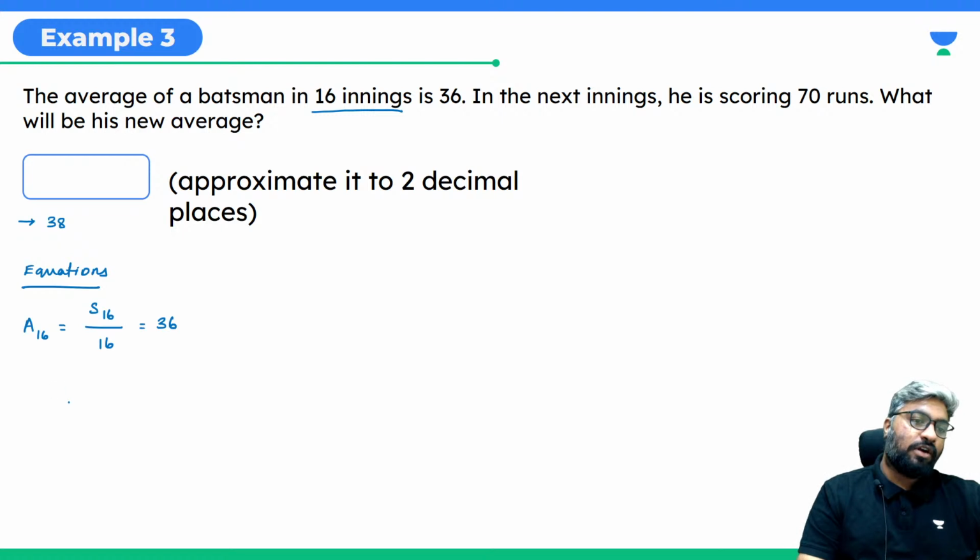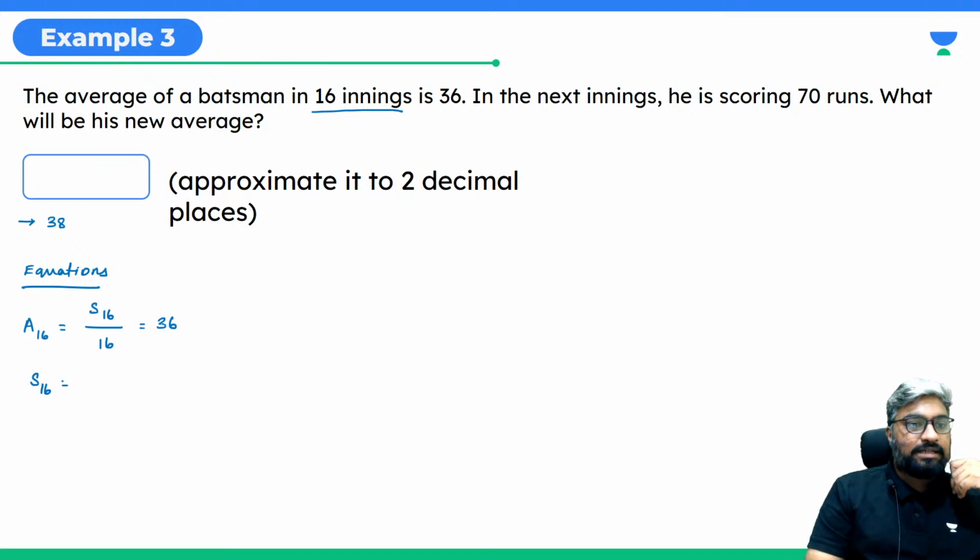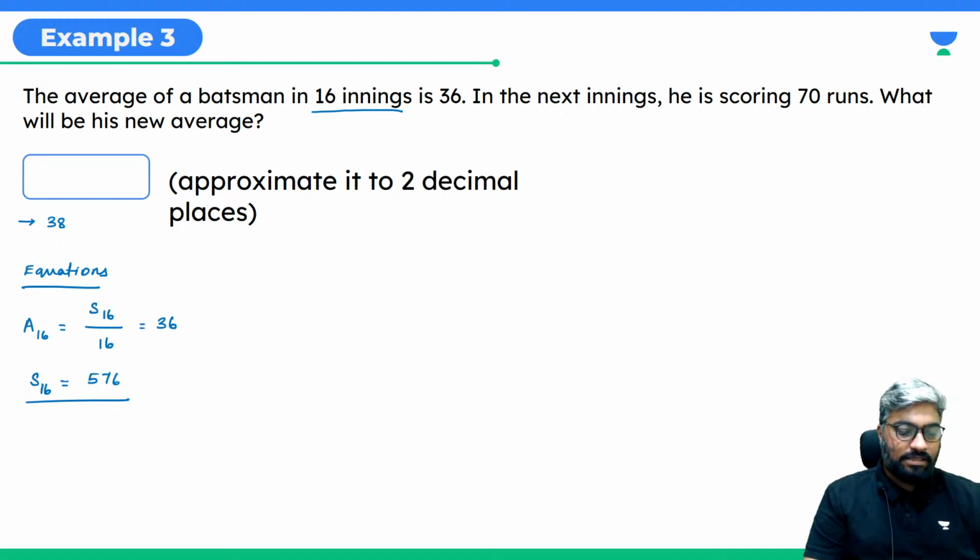Yes. So from here you can get the sum of 16 innings, which is 36 into 16. That is nothing but 360 plus 216, am I right? Which is 576. This is the sum of 16 innings ka runs.